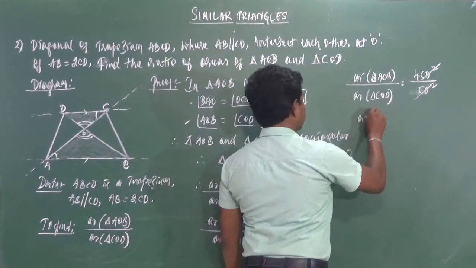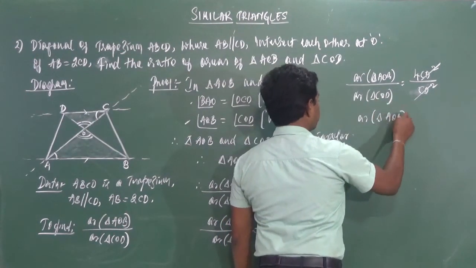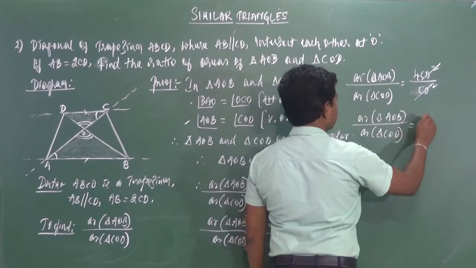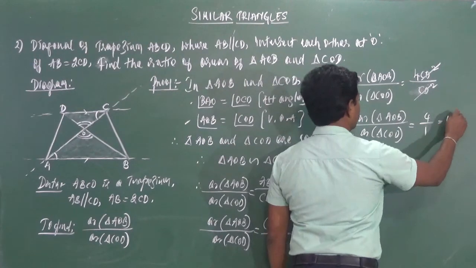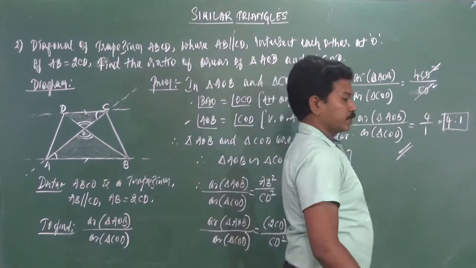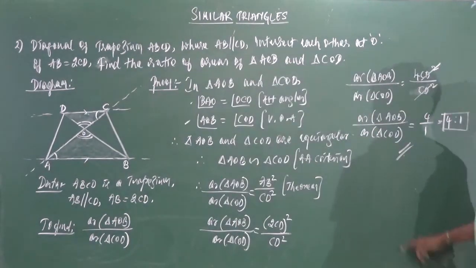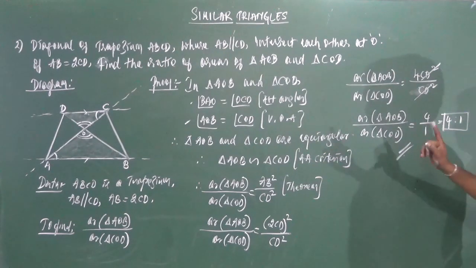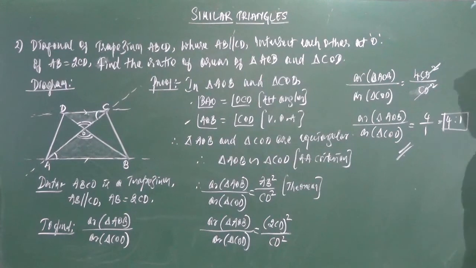So the ratio is 4 by 1, that is 4:1. The areas of triangle AOB and triangle COD are in the ratio 4:1. This will be asked for 2 marks in your examination. We'll go with the next problem.